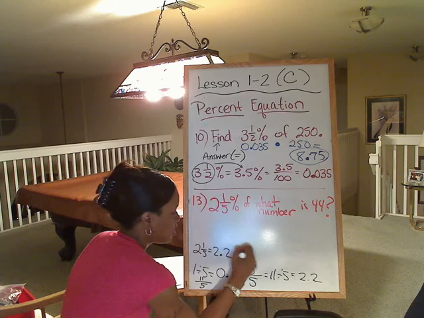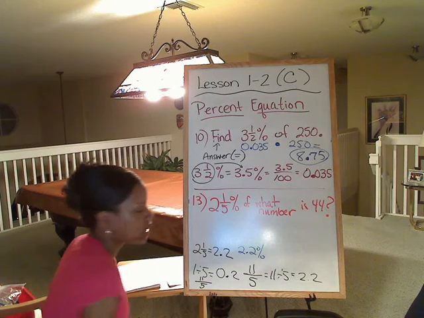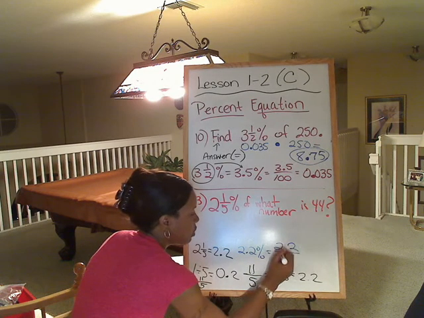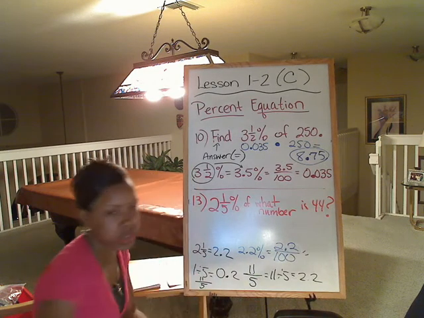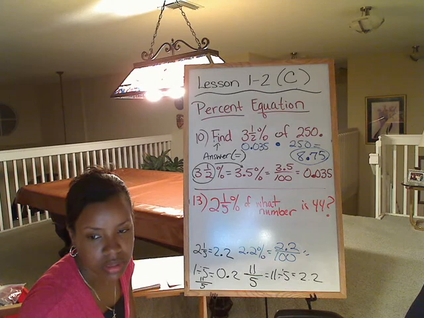Let's go here. 2.2% is the same thing as 2.2 divided by 100, right? Percent means per 100. So we got to do 2.2 divided by 100.